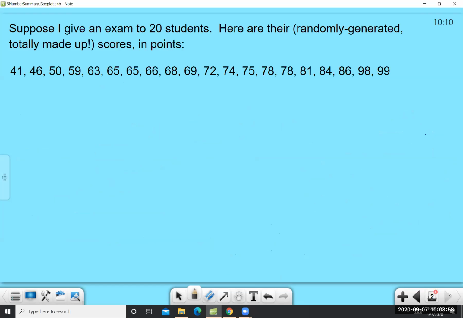Okay. Let's take a look at a big data set you may have seen before, and let's find the 5-number summary and the box plot for this. So starting with the 5-number summary.